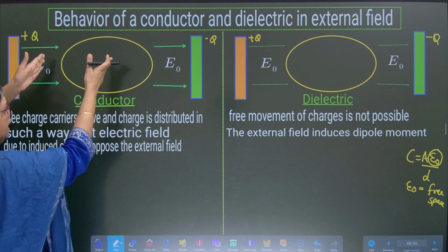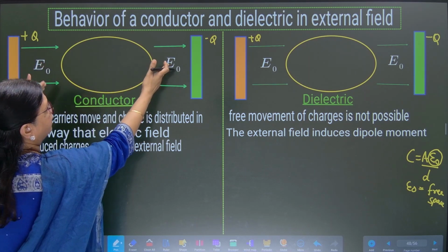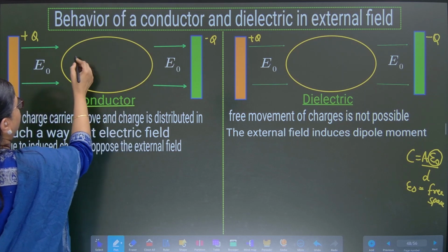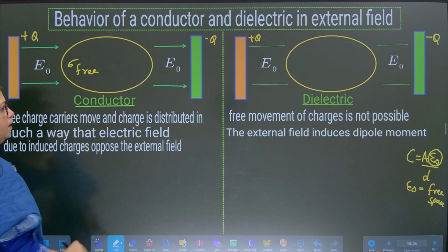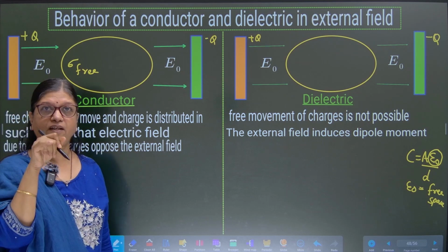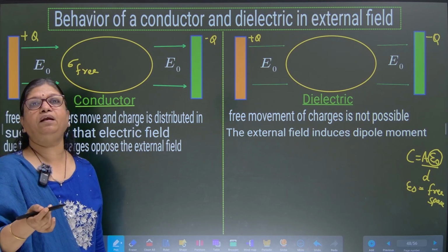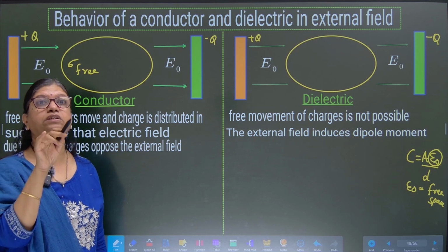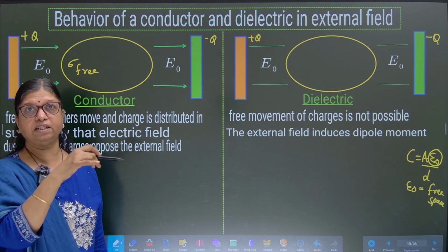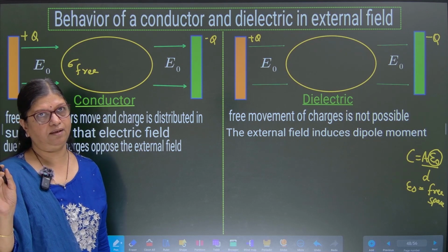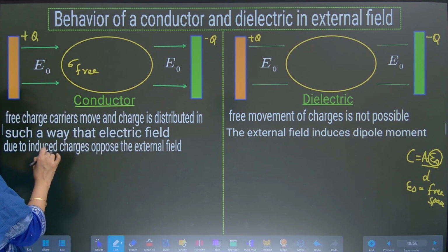As soon as I place this conductor in the external electric field denoted by E naught, there will be free charges which will be induced by the external electric field, and these induced free charges will drift, will move, will distribute themselves in such a way that they produce an electric field.